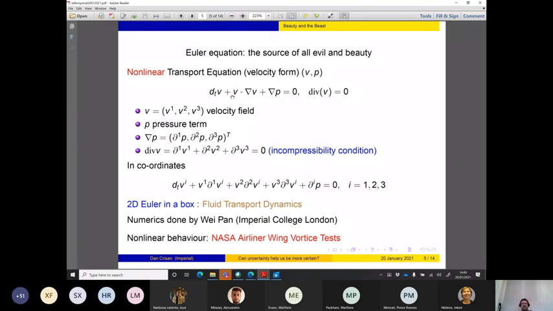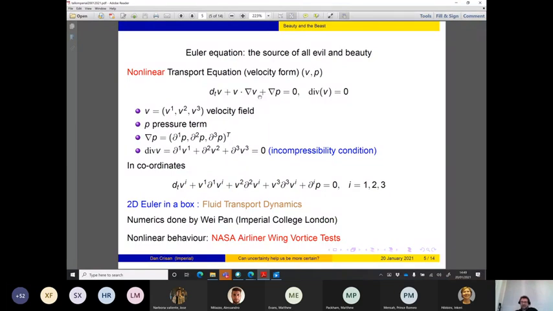In fact, there's a prize for anybody that can show whether this equation has a unique solution, has a global solution, or indeed, for sure, it has only a local solution. It's been bugging mathematicians for a long time, and it is something of an open problem which everybody dreams of proving.